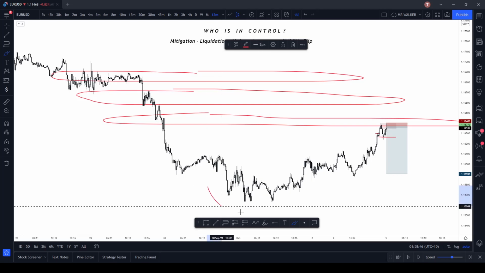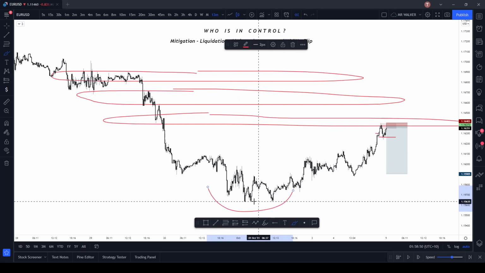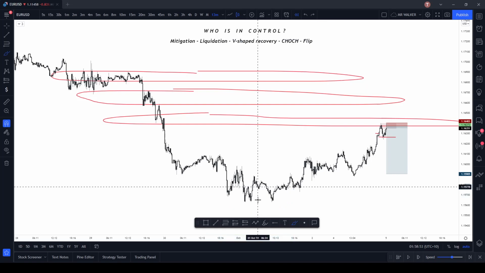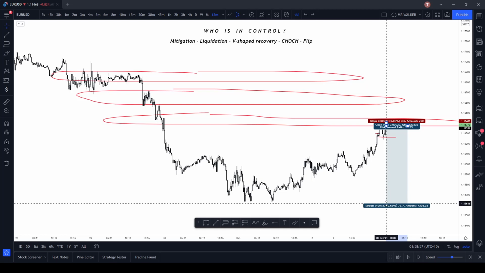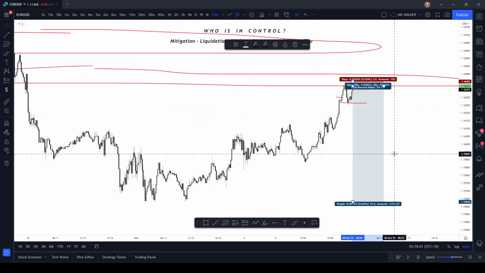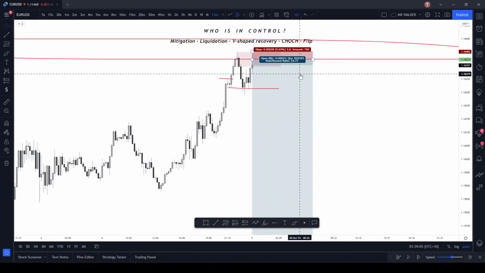That makes these lows overall weak, which is why we anticipate that the price will go as far as these lows, and that allows us to get into almost a 1 to 25 RR trade, right?